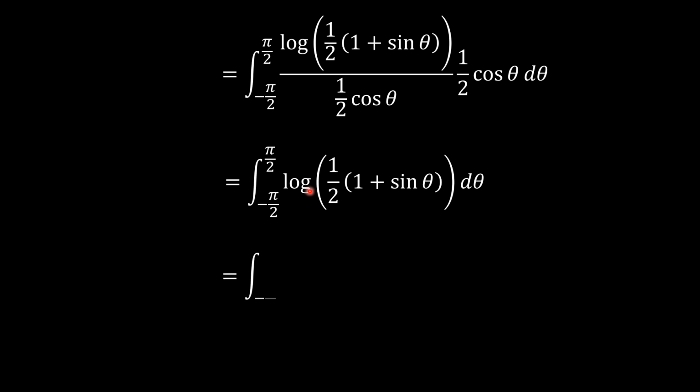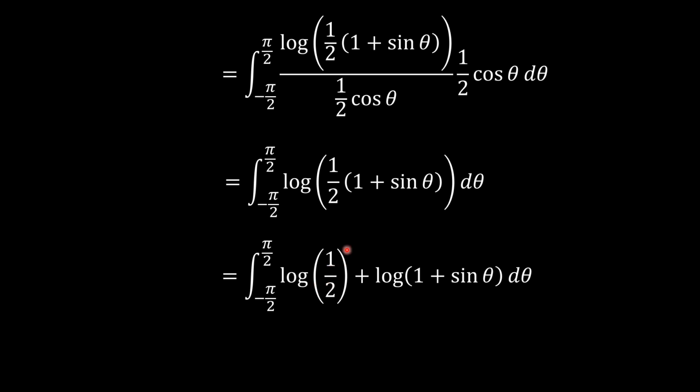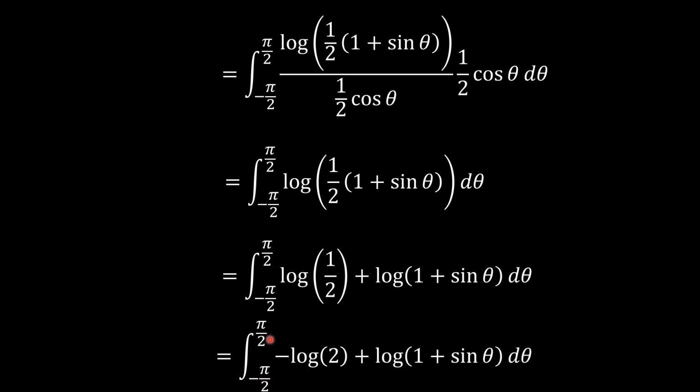Using the rules of logarithms, we can write this as log half plus log of 1 plus sine theta. And then again, this is the same as 2 to the power negative 1, so we can pull the negative 1 out to this side. And so we have a nice integral from theta equals negative pi over 2 to pi over 2 of negative natural log of 2 plus the log of 1 plus sine theta.